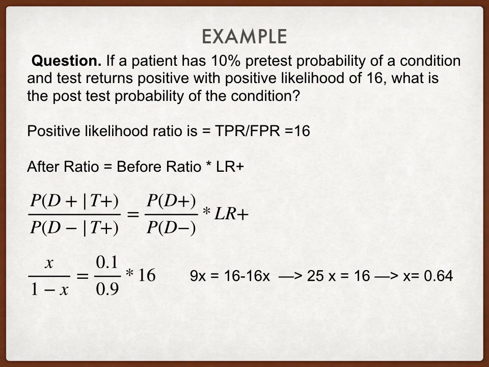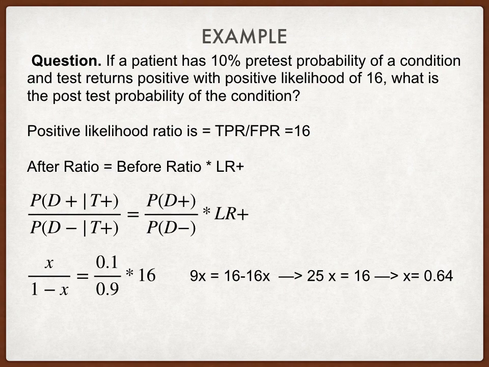Okay, so 16 is the positive likelihood ratio, or the true positive rate divided by the false positive rate. If we plug this in the formula from the previous page, this is what we get, right? The after-test ratio is equal to the before-test ratio multiplied by the positive likelihood ratio, right?